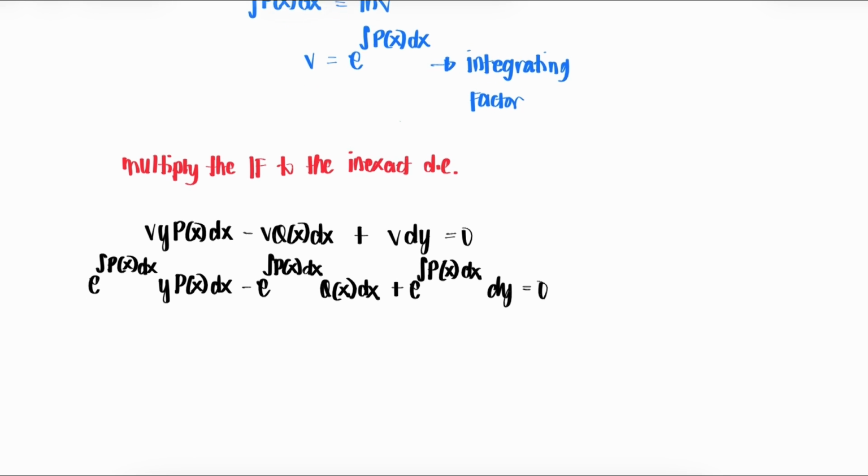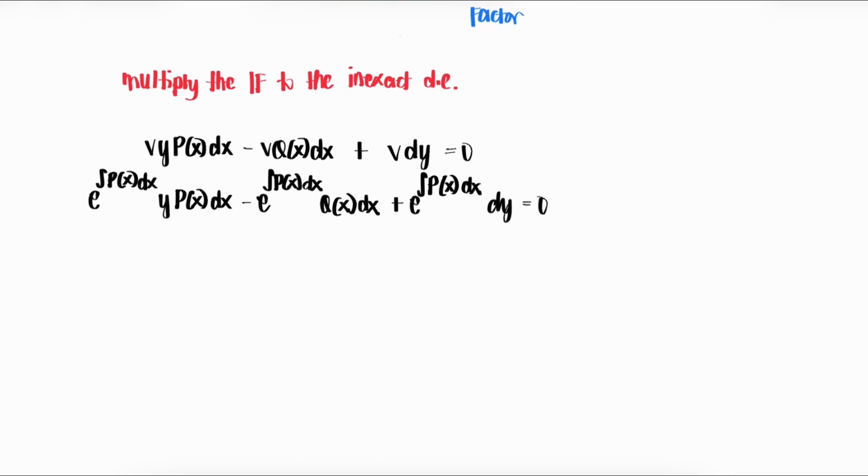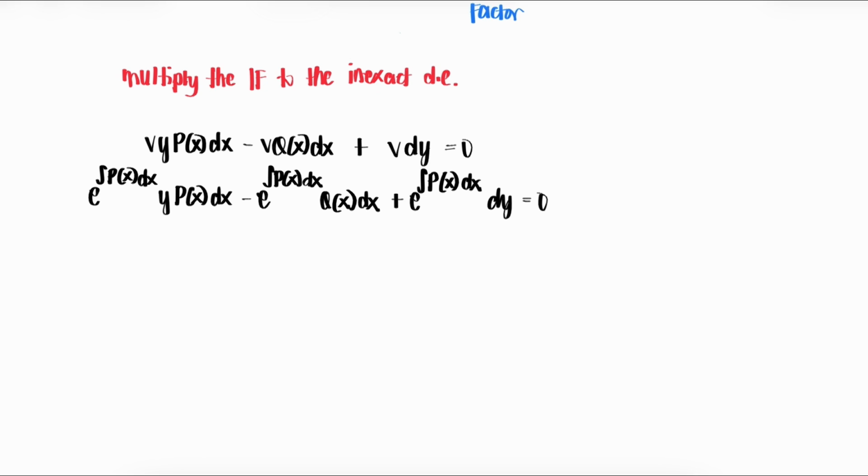So we are going to leave the dy on the left side. I want you to take a closer look at this term right here and this term right here. So we're going to group them together.